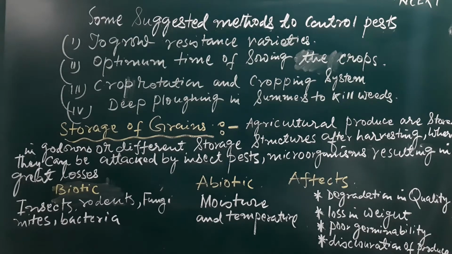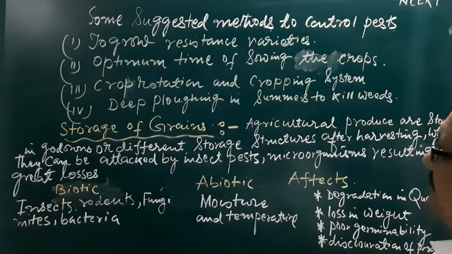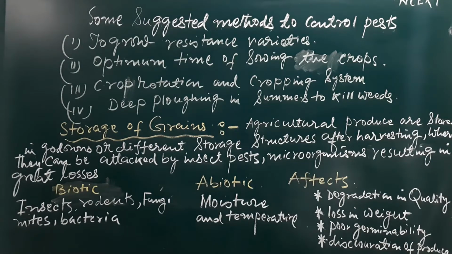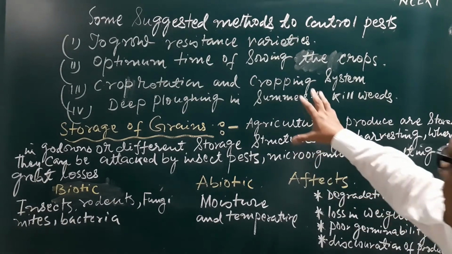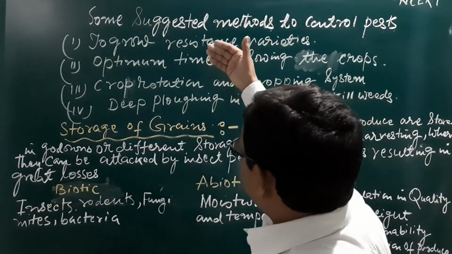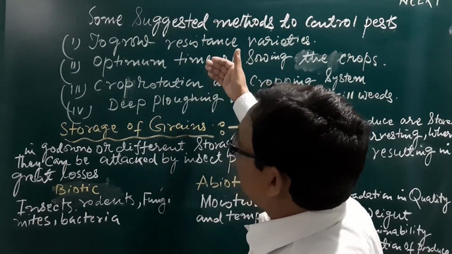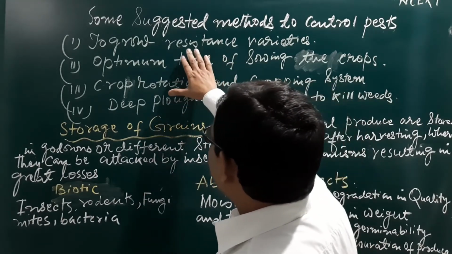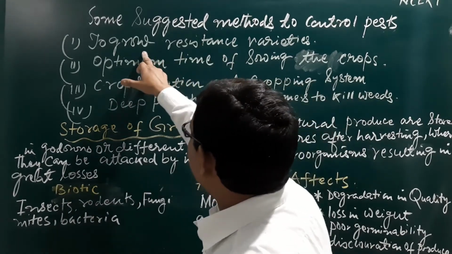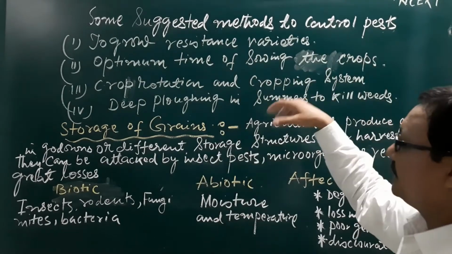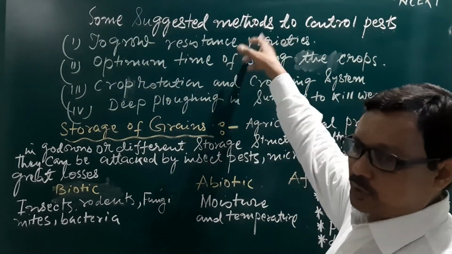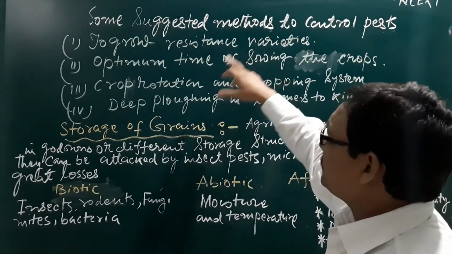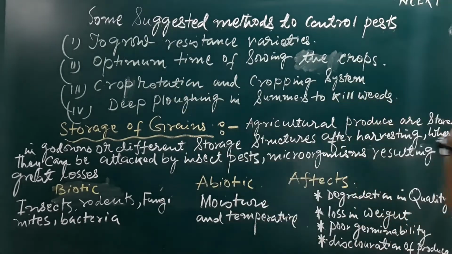But here are a few suggestions in regard to the protection of the crop. What are these suggestions? Number one, grow resistant varieties. You have seen this earlier also. Optimum time for sowing the crops, that means the appropriate time.